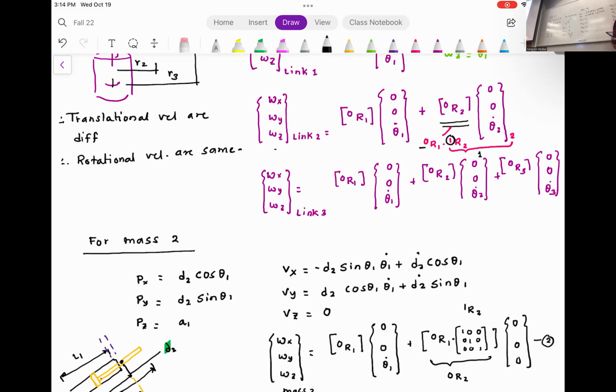Iz2 is going to be m2 L1 square by 12, and Ix2 and Iy2 are not important because x2 is 0, y2 is 0. So for that matter, you can just leave it as is. You don't have to write anything here. Next mass is mass M3.